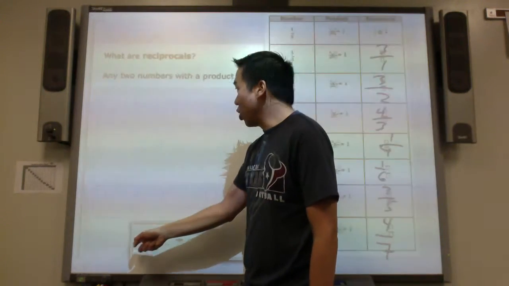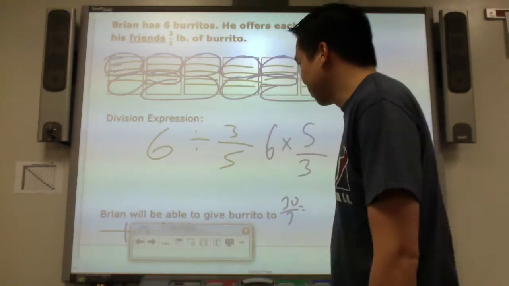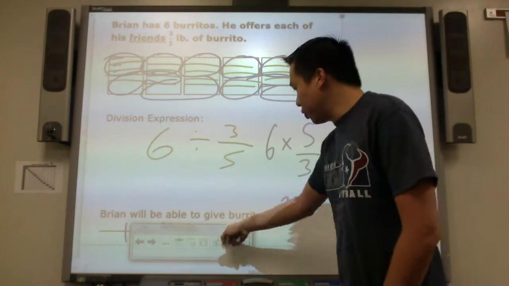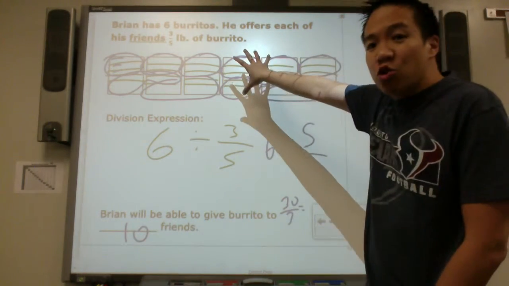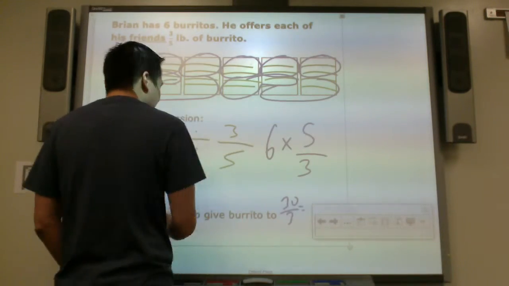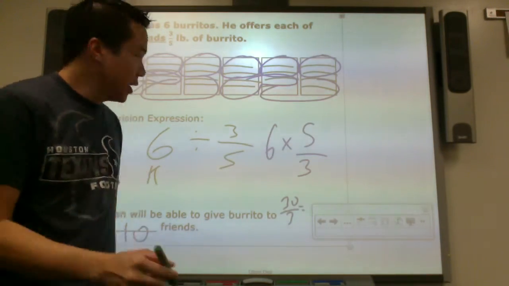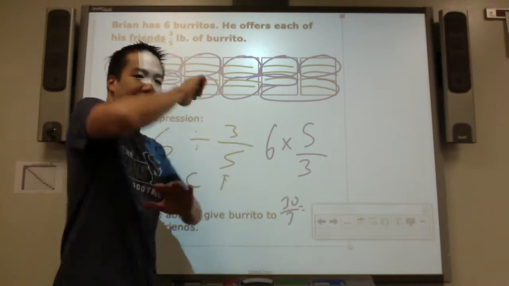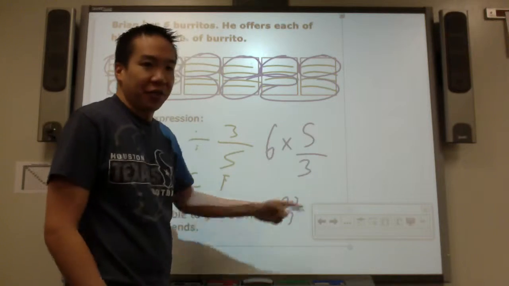For example, let's go back to our burrito question. The way I got 10 or 30 over 3 without drawing is I kept the 6. Did you notice? Did you discover this rule on your own? I changed this to a multiplication, and I flipped the 3/5 to 5/3.